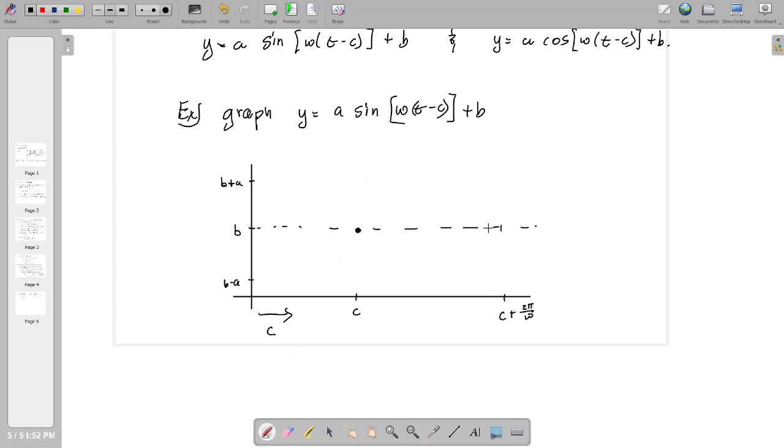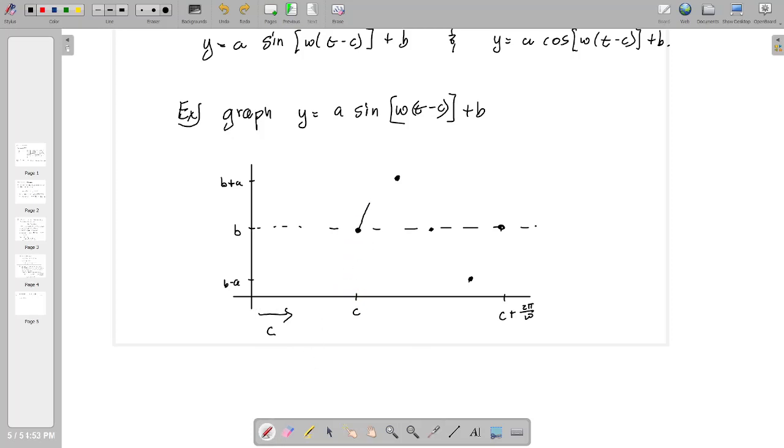If we plot this point here, plot this point here, and we have the point in the middle where we cross, we have a maximum here at b plus a, and then we have a minimum here at b minus a. And this will be our sine function, because sine starts at 0. So it starts at the origin, but this point has shifted to the right c units and up b units, so we get to this point.